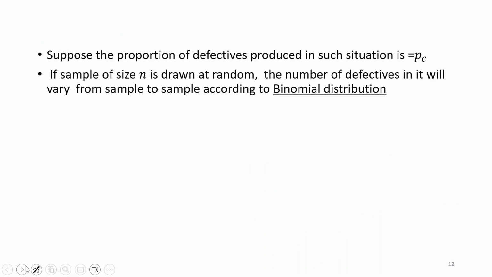Suppose the proportion of defectives produced in such a situation is PC. The proportion of defectives is represented by PC. If the sample size is n, and the sample is drawn at random, so I am not biased in drawing samples. It is not that at a fixed time every day I will come and check. So the samples are drawn at random.